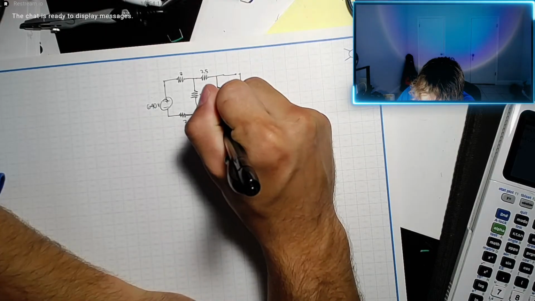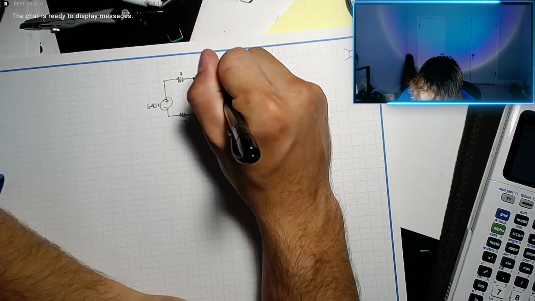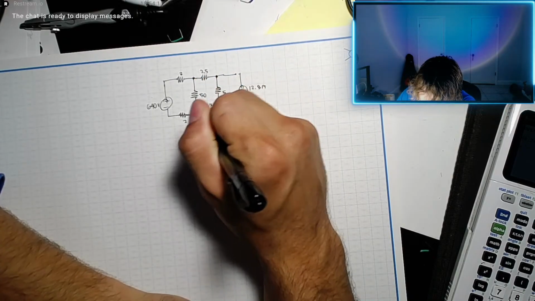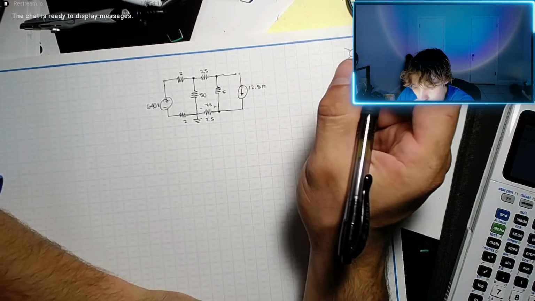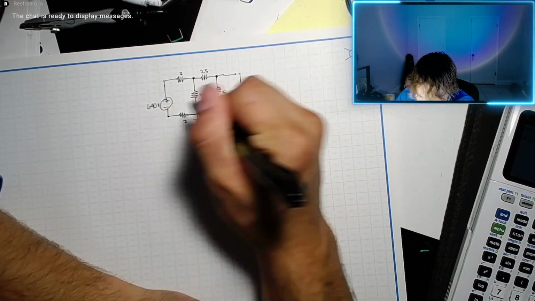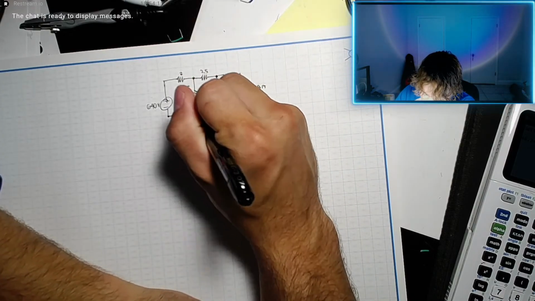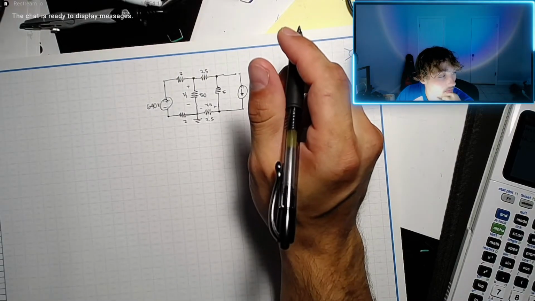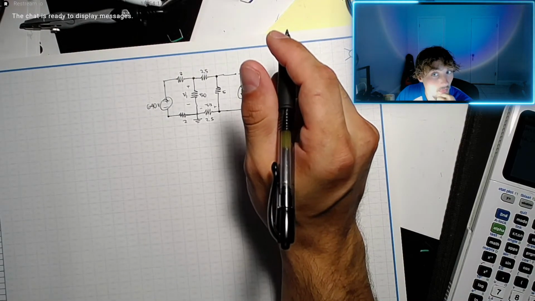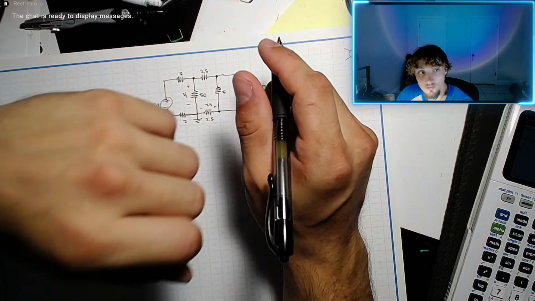V3. Sure, we'll change it up, whatever. V1. Okay, 12.8. Alright. You gotta be shitting me. Alright, let's do it. Let's get it done.